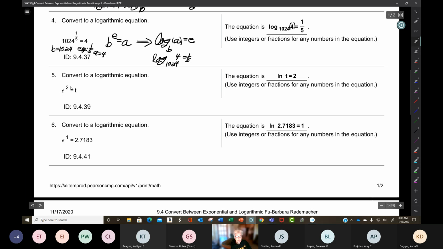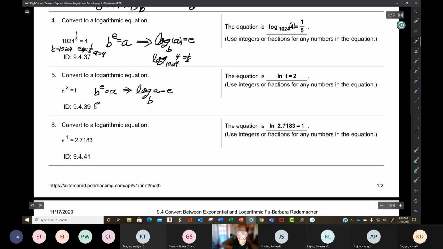All right, we've got e to the 2 equals t. We have b to the e equals a, and we need to translate it to log base exponent argument. That's really the way I do it.